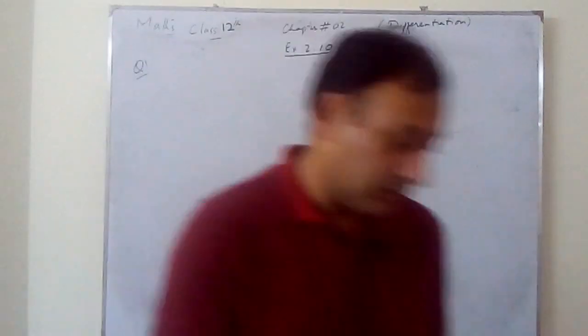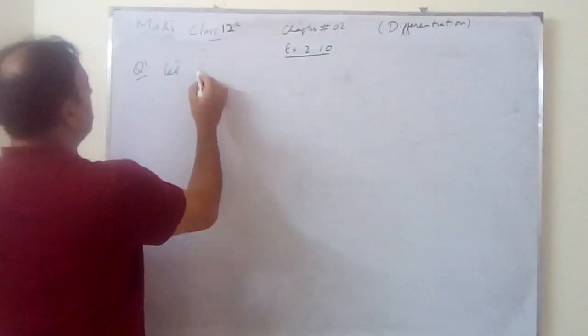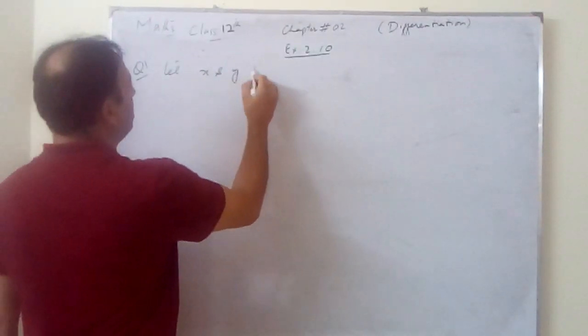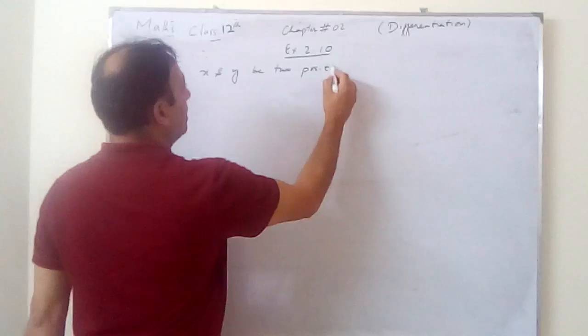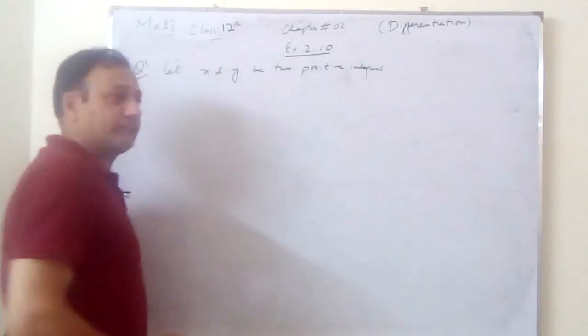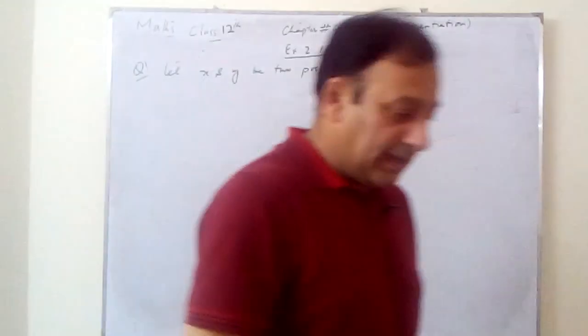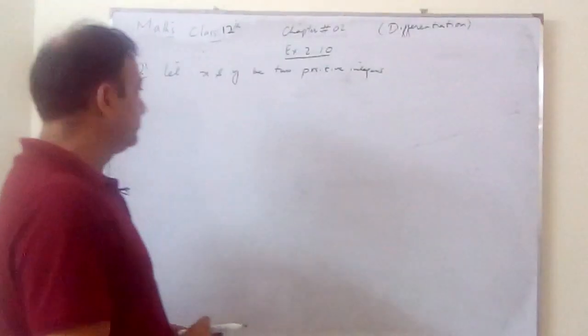So there are two positive integers. Let x and y be two positive integers. He is saying that their sum is 30.